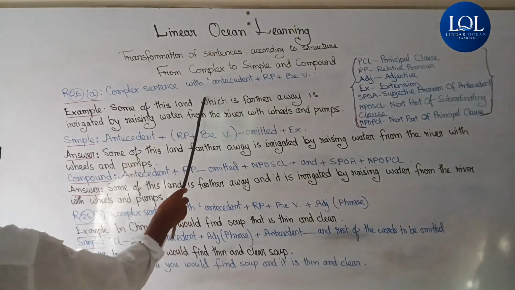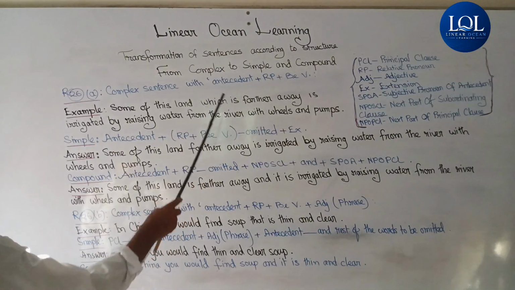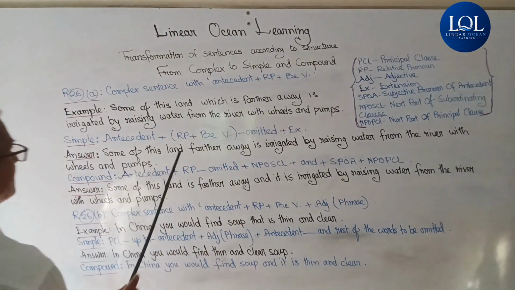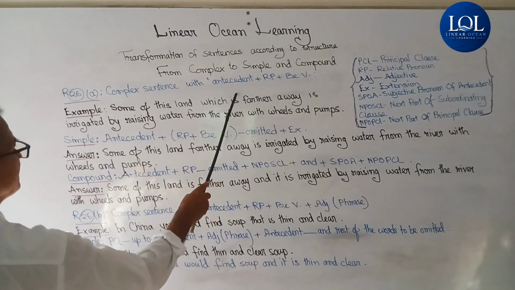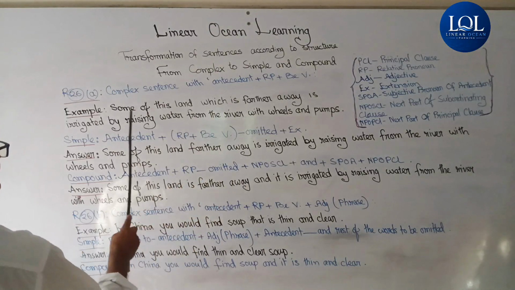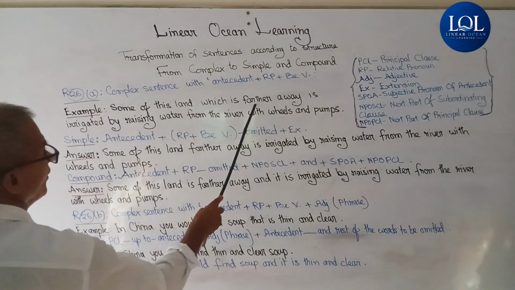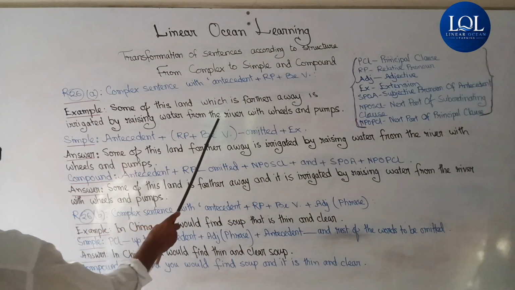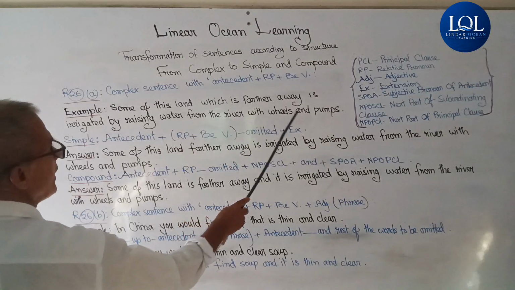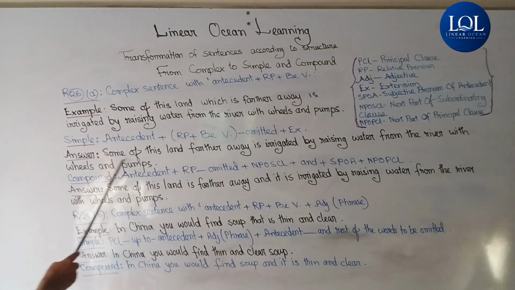So which is will be omitted, plus extension. If we omit this, the simple sentence we get is: some of this land further away is irrigated by raising water from the river with wheels and pumps. So this is the answer here.